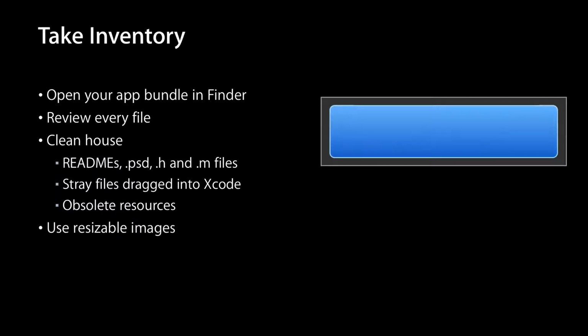Now, another case that we see are images or artwork that just take up more space than necessary. Here's an example of a button. We see this a lot with buttons and background images where the center pixels here really are just duplicated. It's this vertical row of pixels that's duplicated over and over. And so there's a lot of pixels in here that are extra and duplicate.